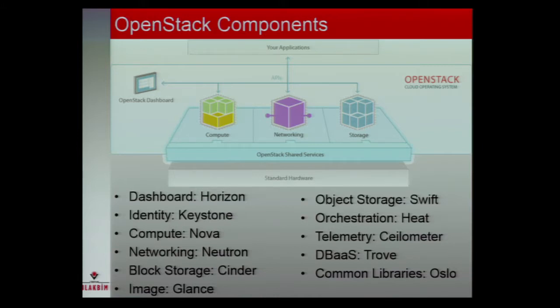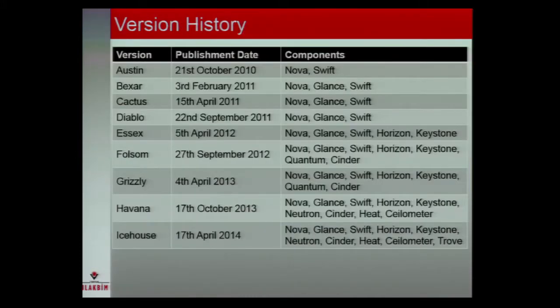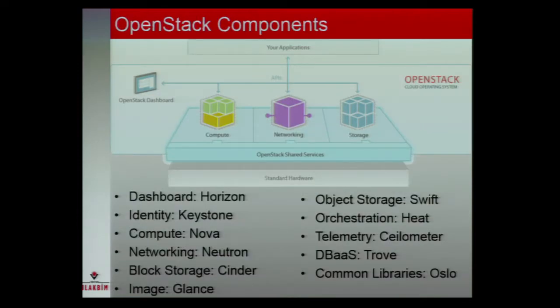These slides show the components of OpenStack. Above standard hardware, there are some shared services offered by OpenStack like compute, networking, and storage. And these are the individual projects that provide these services.